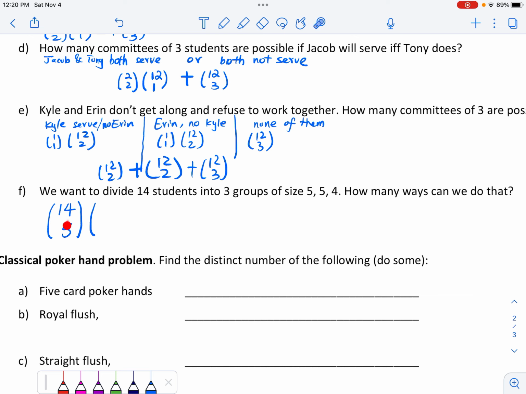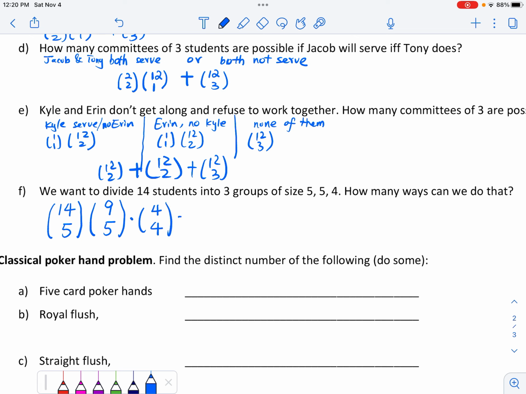Because 5 are already chosen, we are left with 9 available for us to choose, so 9 choose 5. And for the rest of the 4 students, they automatically form a group, right? So you can stop here, or you can just say we have remaining 4 students, and we are going to choose 4 of them to form the last group.